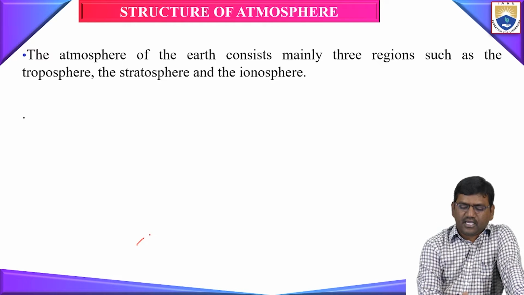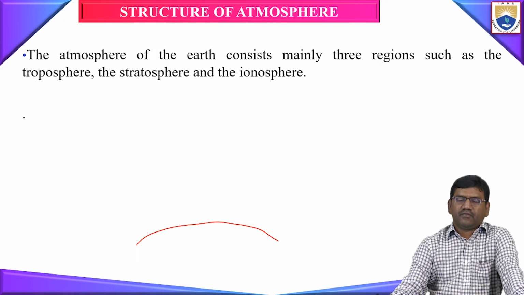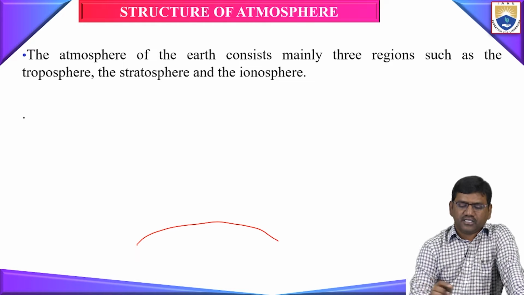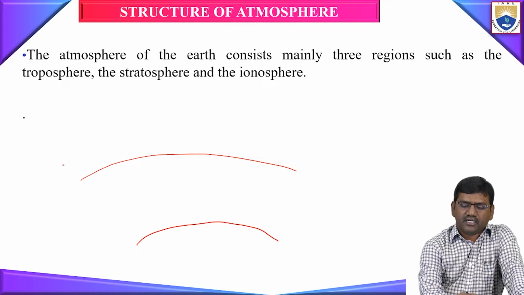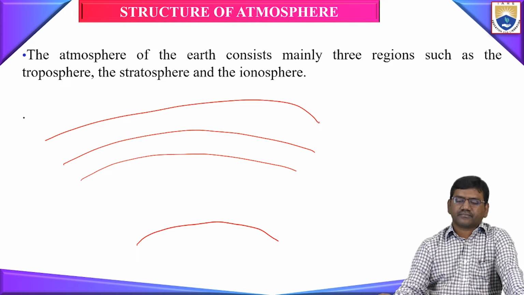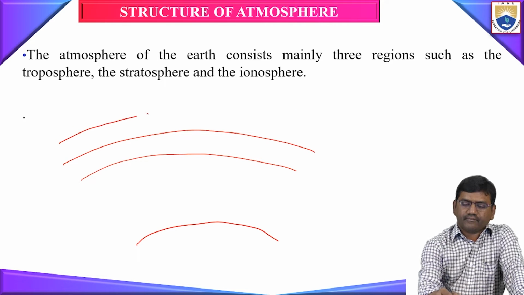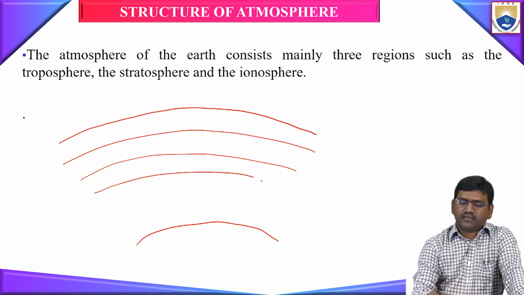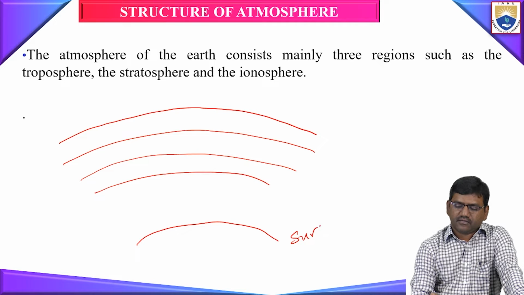Let us assume this is the surface of the Earth, and over the surface of the Earth, at a distance of 10, 20 or 30 kilometers, different layers are formed. Let us say this is one layer, this is another layer, and this is another layer, and here is another layer.